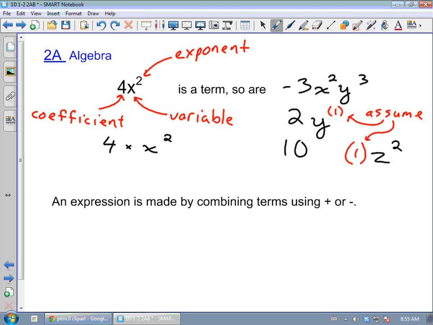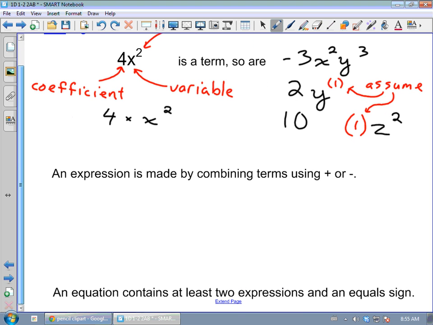If all we're doing is multiplying these things together, we have a term. An expression is made by combining 2 or more terms using addition or subtraction. So if I take 2 of these terms that I have up above here, like 4x squared and 2y, and I add them together, I have an expression.